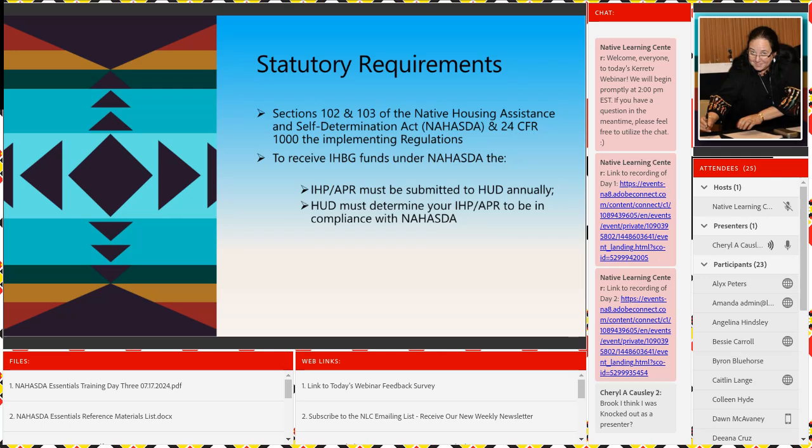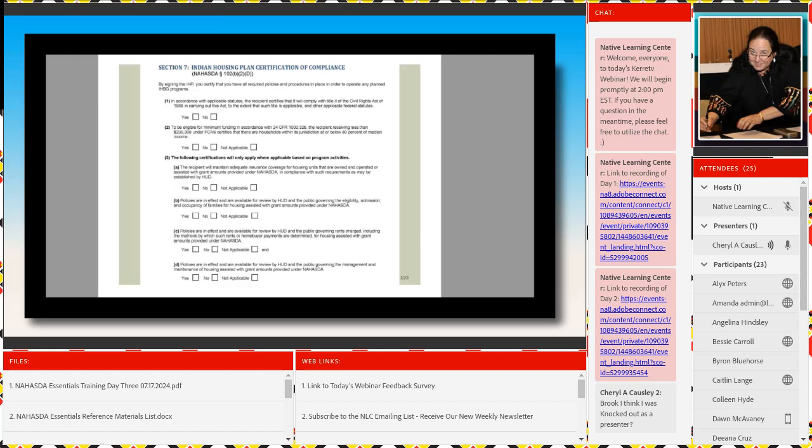yearly allotment. So there's a statutory requirement, sections 102, 103 of NAHASDA, and then 24 CFR 1000. To receive those block grant funds, you have to submit the IHP and the APR annually, and HUD has to determine it to be compliant with the NAHASDA regulations.